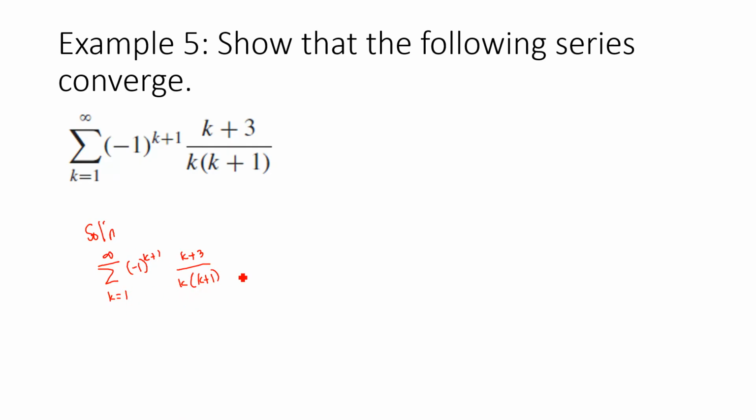This is the same as the summation of the absolute value of the quantity negative 1 raised to k plus 1 times k plus 3 over k times k plus 1, from 1 to infinity.